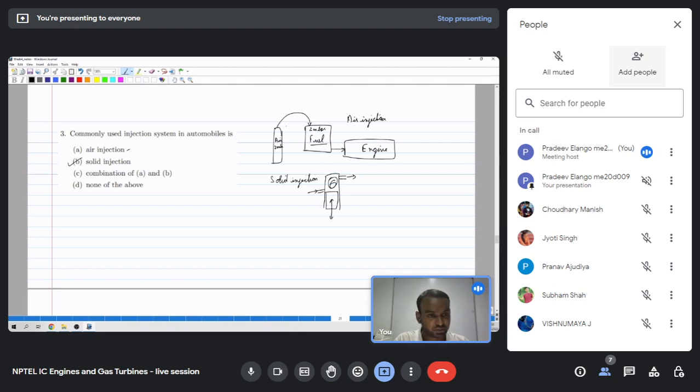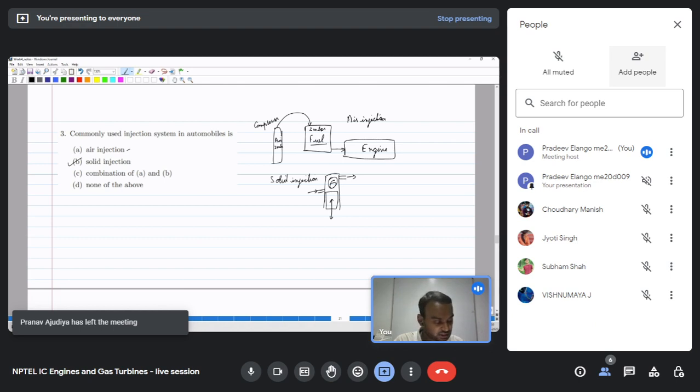That can come from an air tank or from a compressor, right? And this compressed air is used to pressurize the fuel, and then this pressurized fuel is fed to the engine, and there is no fuel pump involved in case of an air injection system.